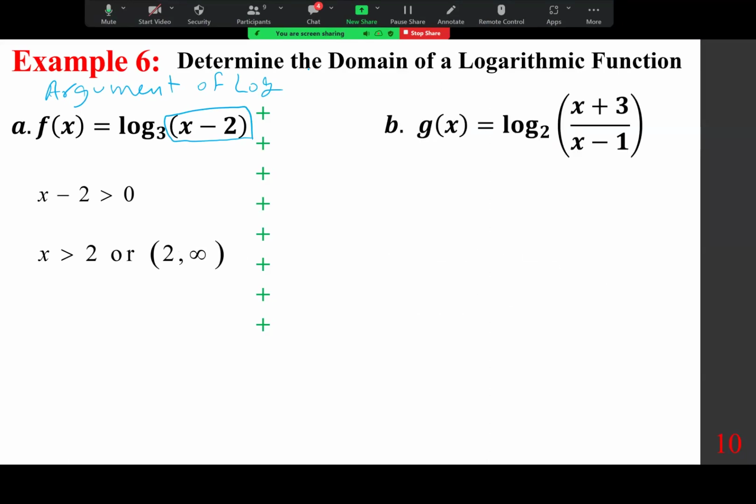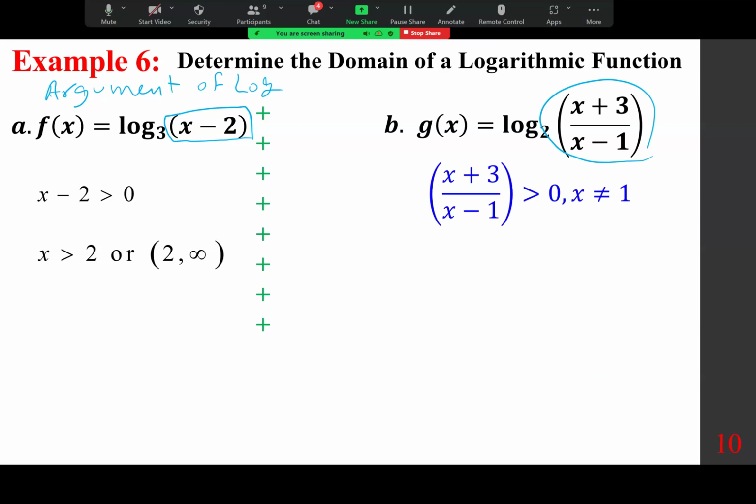g of x is log base 2 of (x plus 3) over (x minus 1). Same situation. The argument, whatever it might be, in this case (x plus 3) over (x minus 1), must be positive, larger than 0. Needless to say, as always, the denominator can't be 0, therefore x cannot be 1. So, how do we deal with that?